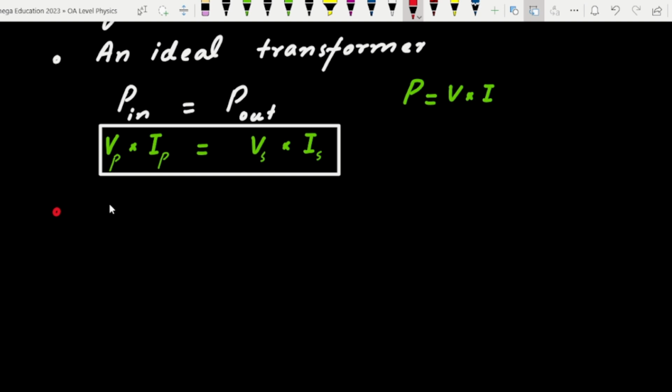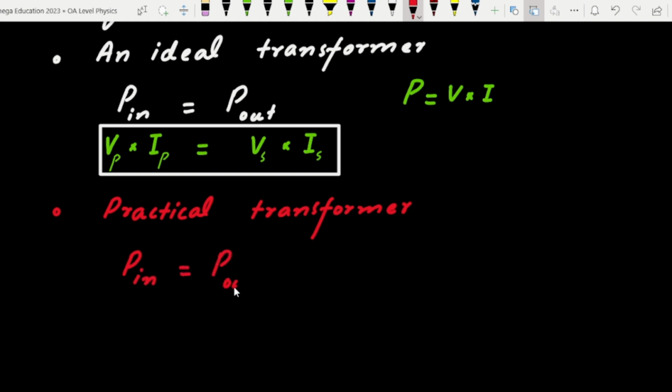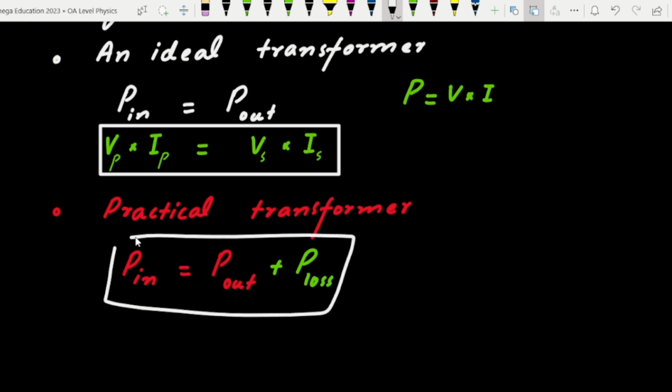So non-ideal, or you can say practical, input power equals output power plus, since it's not ideal, some power losses also, so plus the lost power or power loss. So this is for a practical or a real transformer, in which there would be some loss of power also.